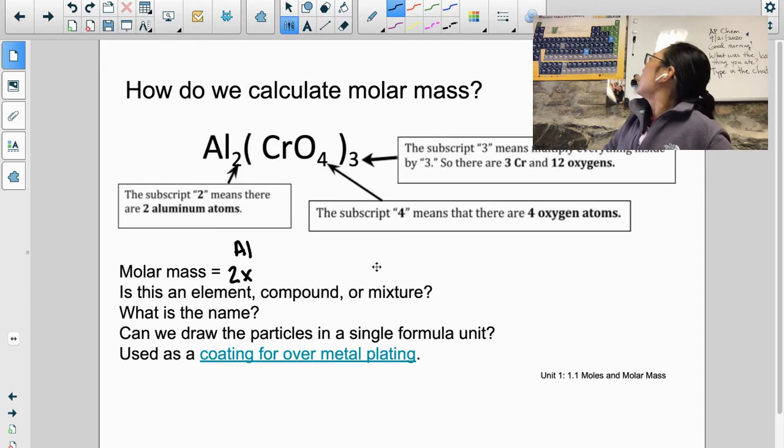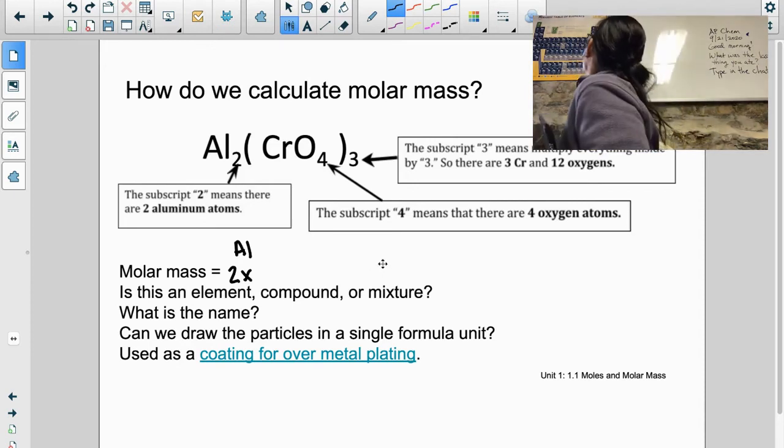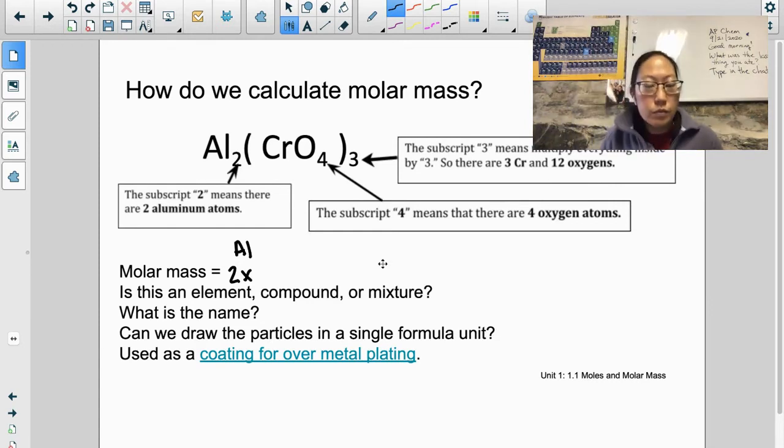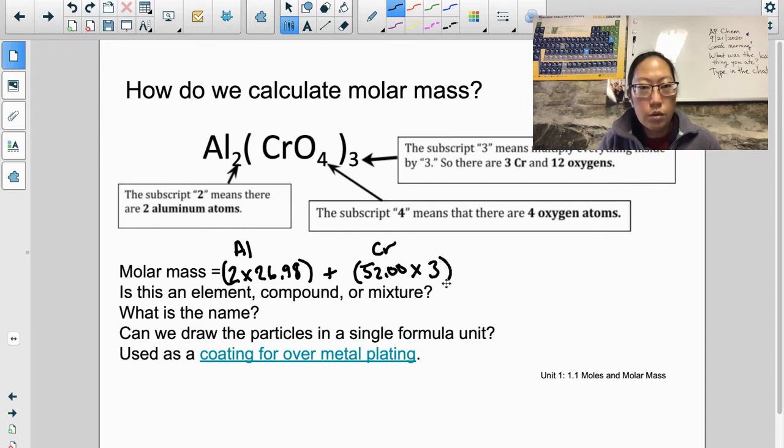So I'll use 26.98, and these are grams per mole, plus the chromium. The chromium is about 52 times 3, plus oxygen is 16 times 12.